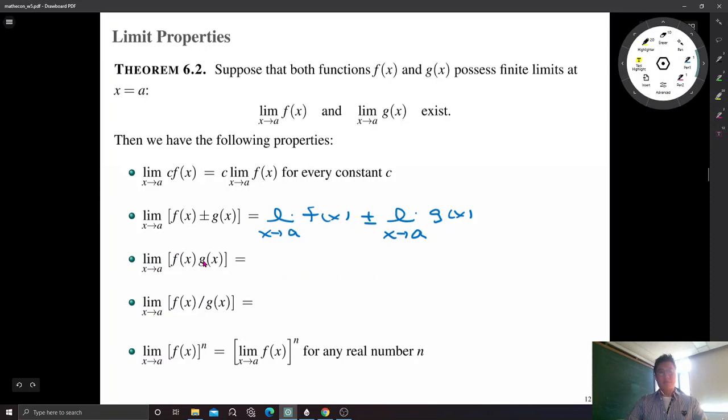And the limit of the product is the product of the limits, so this is equal to the limit of f of x times the limit of g of x, as x approaches a. And the limit of a division is the division of the limits, so the limit of f of x divided by the limit of g of x.